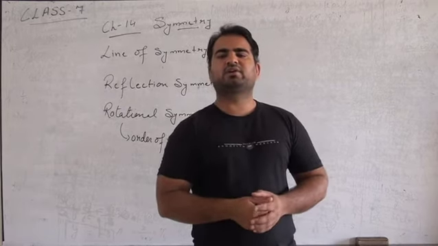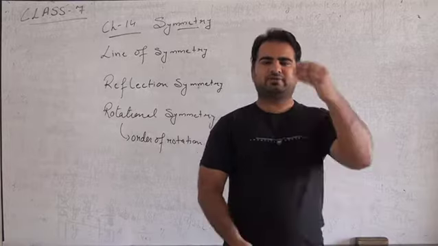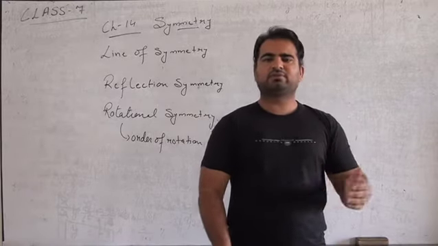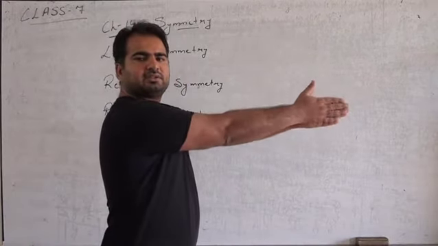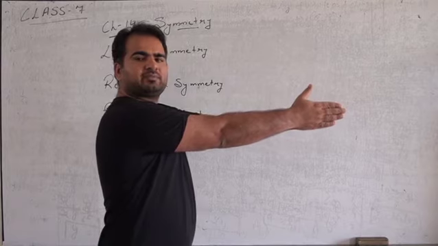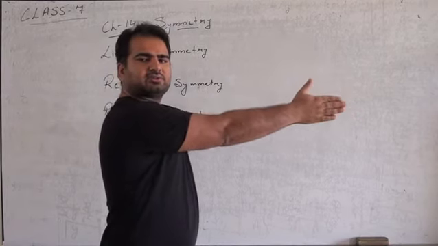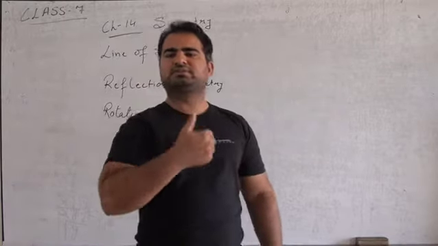Yes, our body has a vertical line of symmetry. If we draw a vertical line, we can fold ourselves in two equal halves. Is it done? We are overlapping each other. Yes, this side is overlapping this side. So it is our line of symmetry.